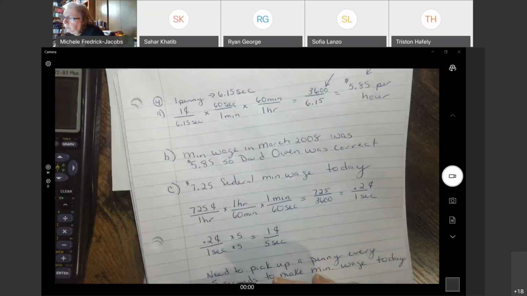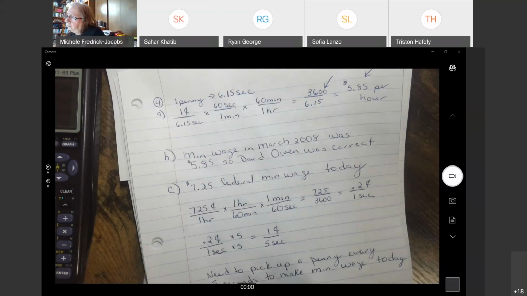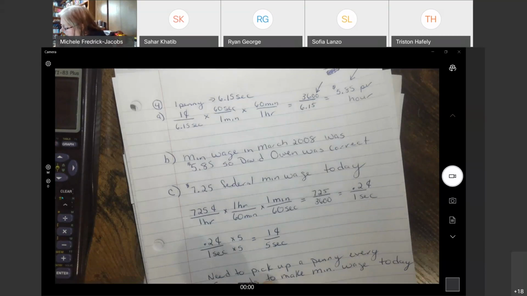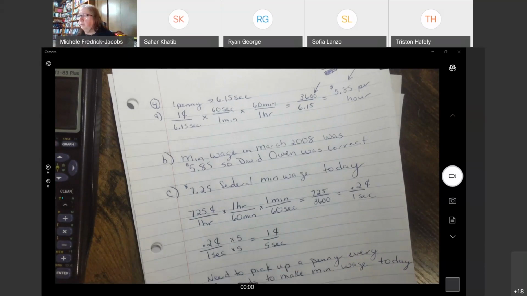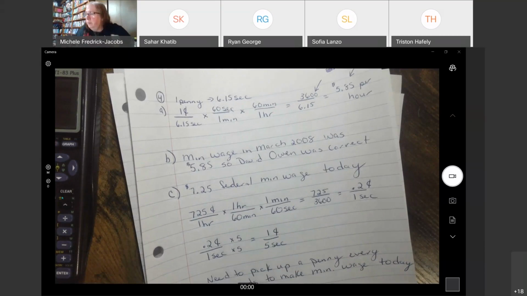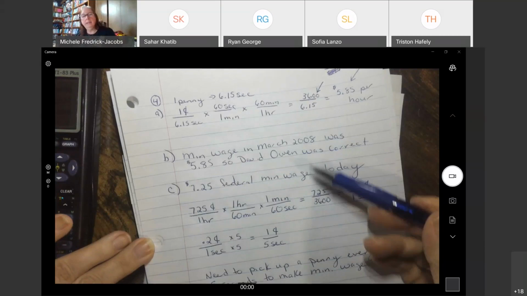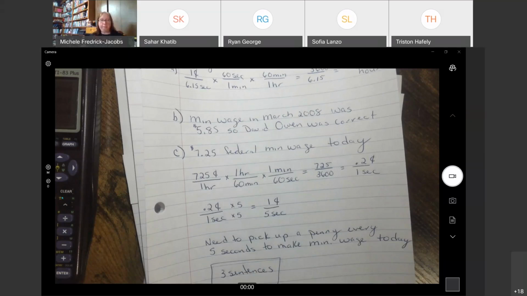Yeah, if you want to put the sentences, you can, but you really only need 3 sentences, because it doesn't say compare. Whenever it says compare, I expect a paragraph. But this one doesn't, so 3 sentences, whether you put it with A, B, and C or all together, is up to you.